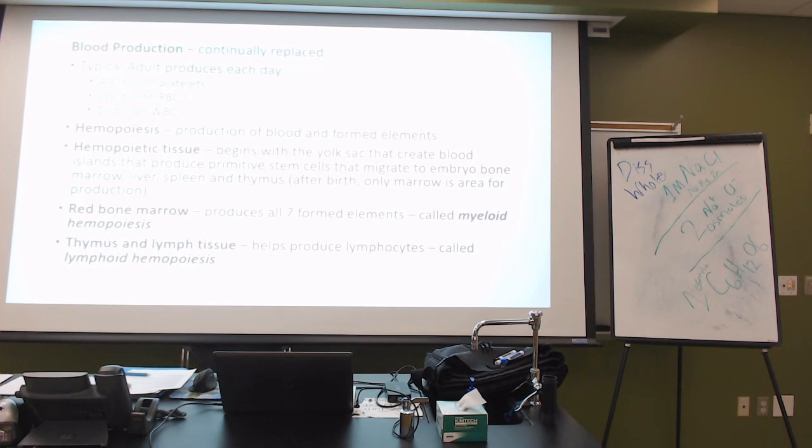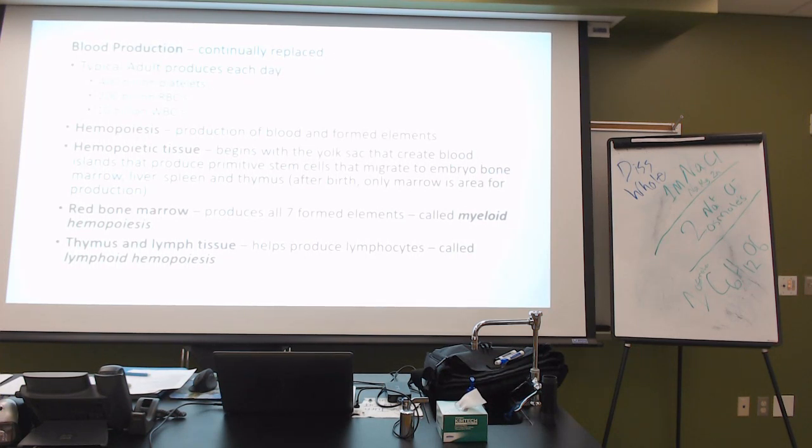And then once it matures, it gets released into the bloodstream and for the most part goes and sits in a lymph node. B cells that get to the lymph node have the ability to proliferate when we need them in an area of the lymph node.